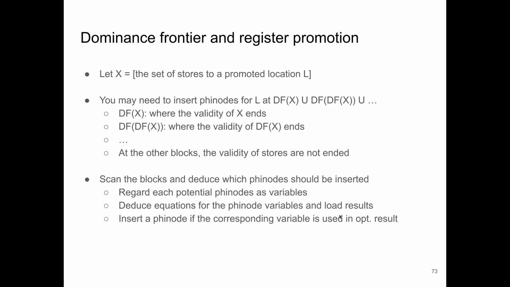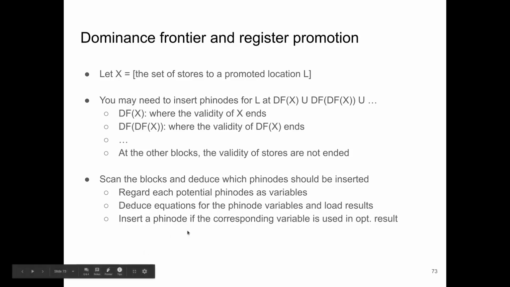It can either be the value of the earlier store instruction, or it can be a phi node that is just inserted here. If you are going to use a phi node, then this variable is used instead of the values here. So anyway, you deduce all the equations on the phi node variables and load results.